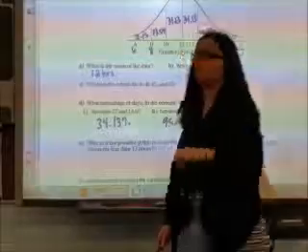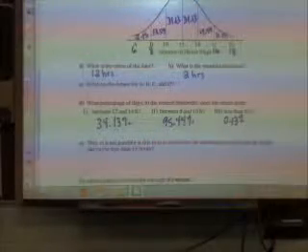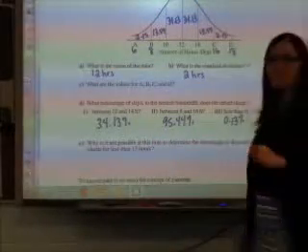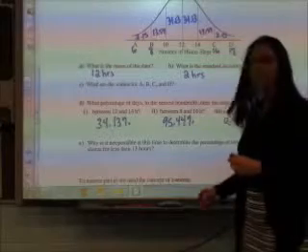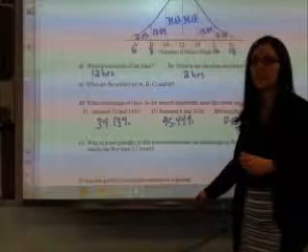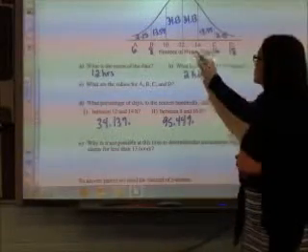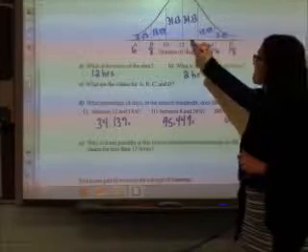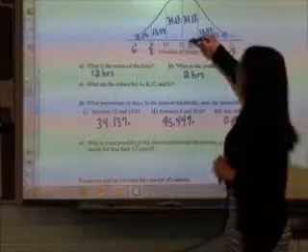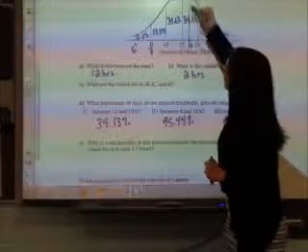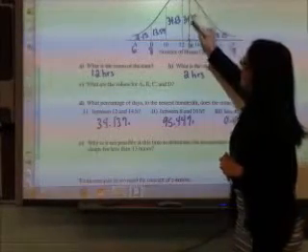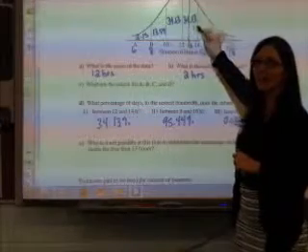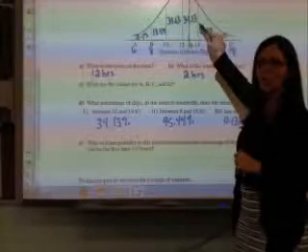Can you tell me what percentage of babies sleep for less than 13 hours a day? Yes or no? Wouldn't it be 34.13? Where's 13? Maybe a little bit of 14. But if I draw this up, does this split the 34.13 in half? Not really.